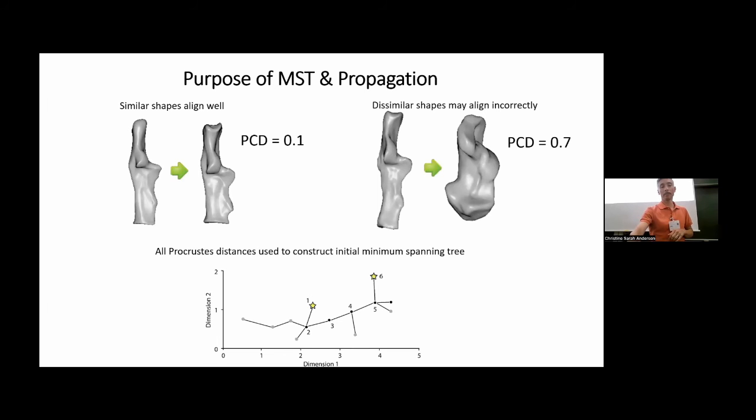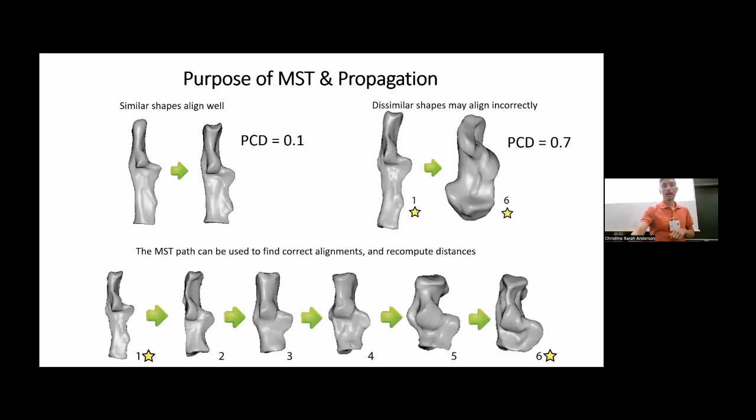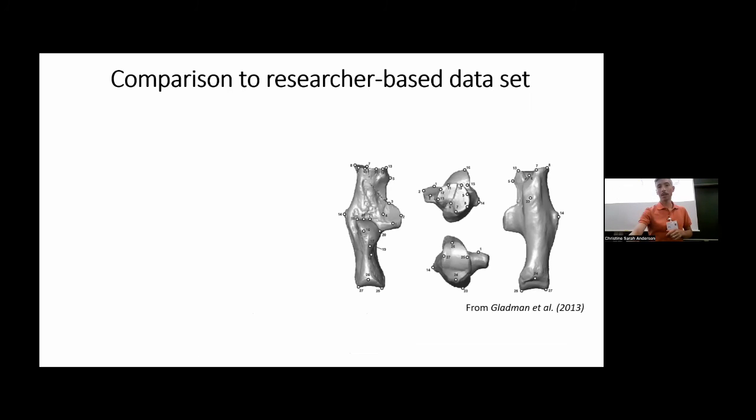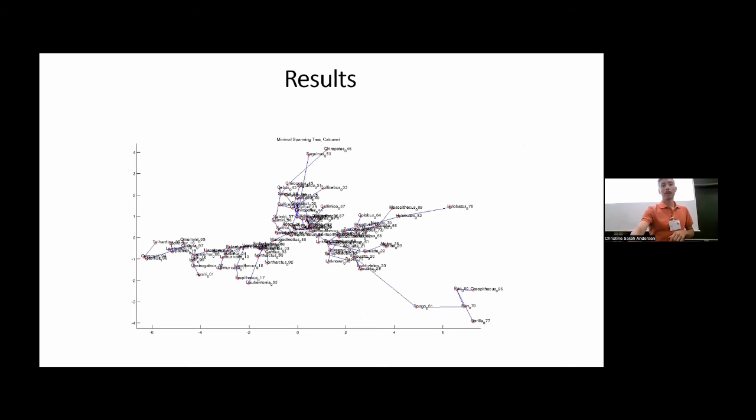But then on the second pass, we revise the correspondences by only going through the path of this minimum spanning tree, and that allows us to fix those incorrect correspondences. So we can get pretty good alignments on samples that have a lot of diversity to the shape.